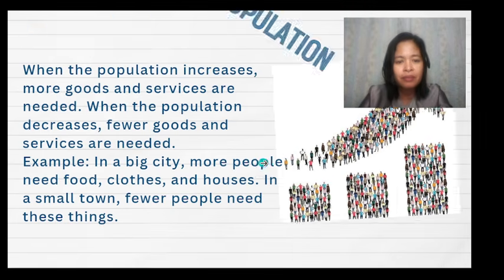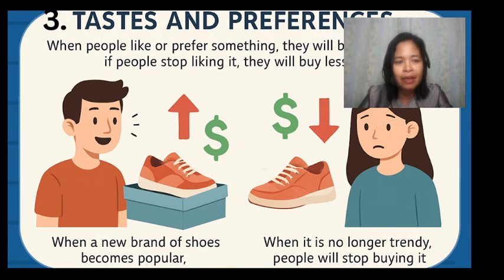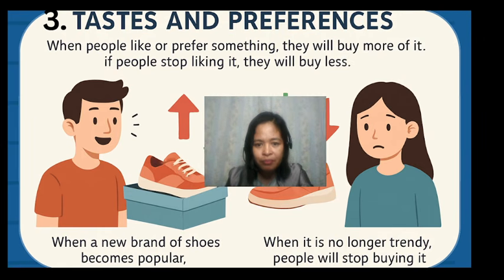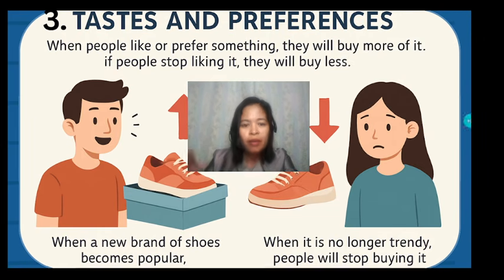Next. The third determinant of demand is the tastes and preferences. When people like or prefer something, they will buy more of it.